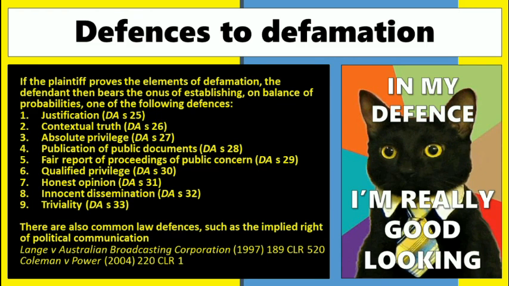Finally, there are some defences in the common law that are preserved by the Act as well. One of those is the implied constitutional right that flows from Lange v ABC and Coleman v Power. In those situations, a person is allowed to make statements that might otherwise be defamatory in the context of political discussion and debate.